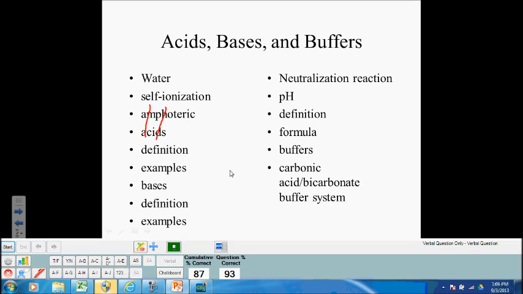H2O plus CO2 gives you carbonic acid, but what happens to some of that carbonic acid real fast? It turns back into CO2 and water. It's called a reversible reaction. It can go back and forth. Well, here's the deal. That carbonic acid turns out to be really important in your body. Here's how this works.